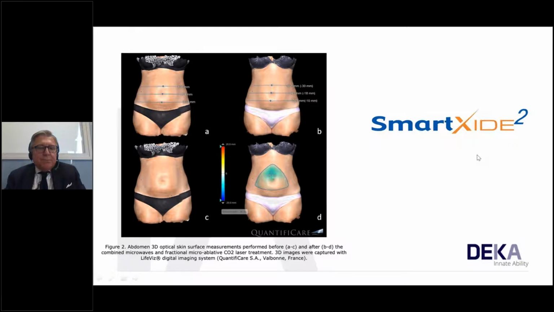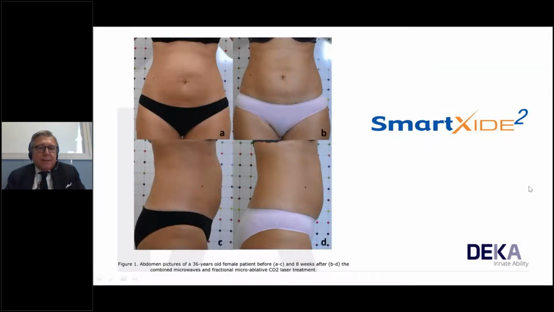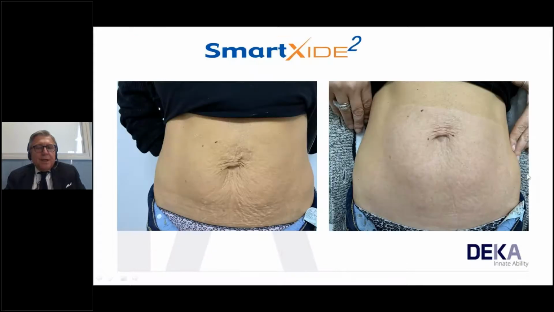You see the 3D capability to have a measurement of the fat and even the change in the volume that gives us the opportunity to reduce stubborn fat and to evaluate the tightness of the skin. You see one of the cases, reducing the fat and tightening the skin. And here we have the results in this combination before and after. Onda plus Smartxide.